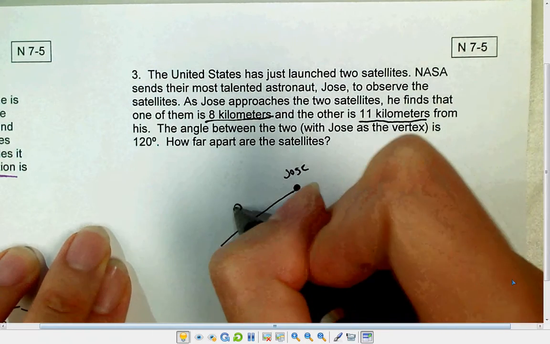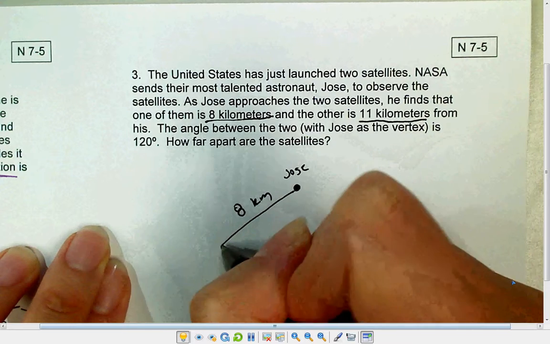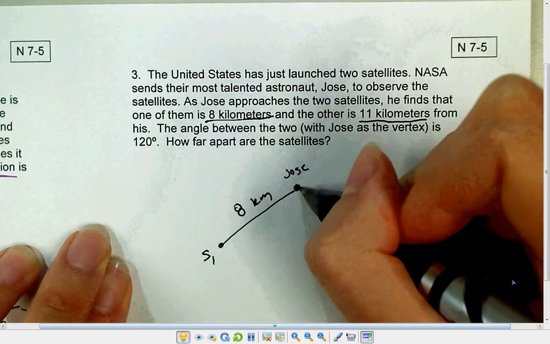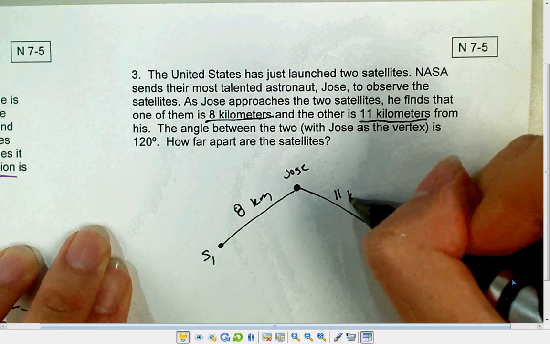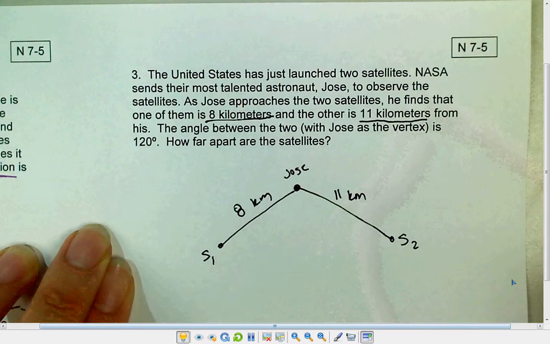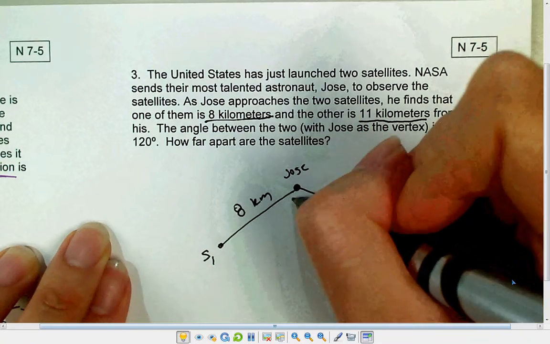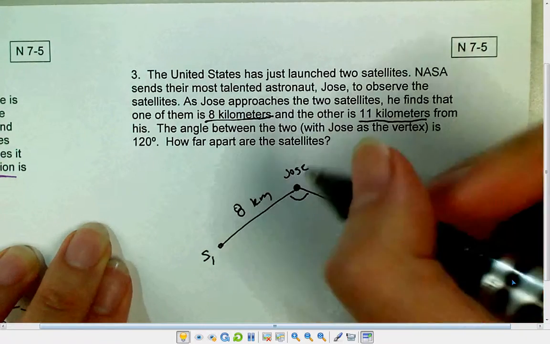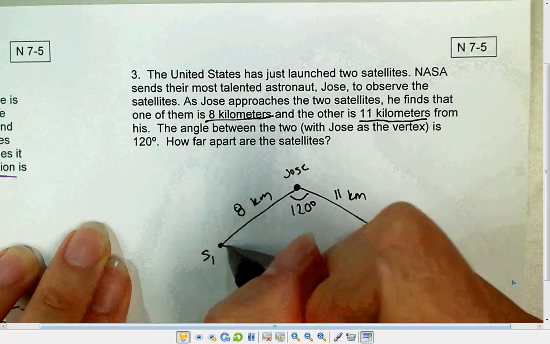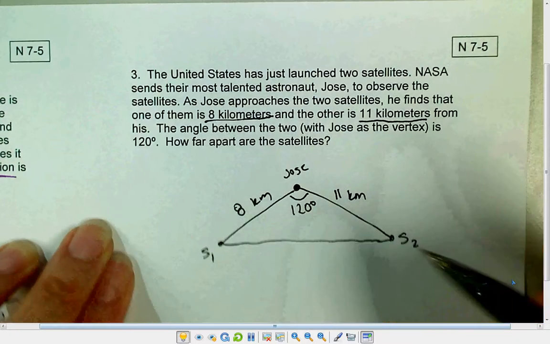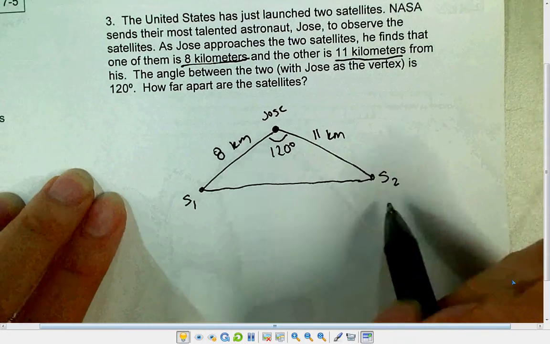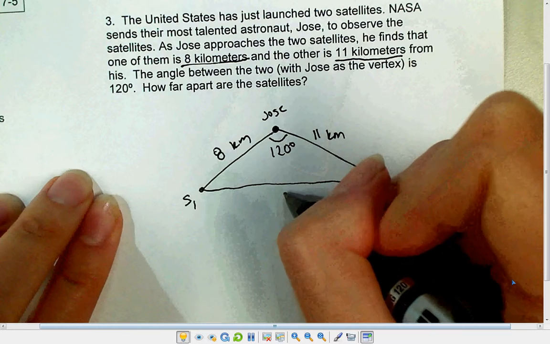Satellite 1 is 8 kilometers away. And satellite 2 is 11 kilometers away. The angle between the two is 120 degrees. And we're looking for how far apart the satellites are. So from satellite 1 to satellite 2, this is what we're looking for.